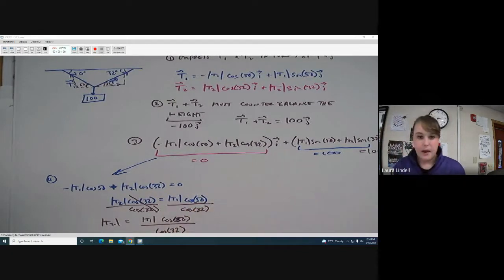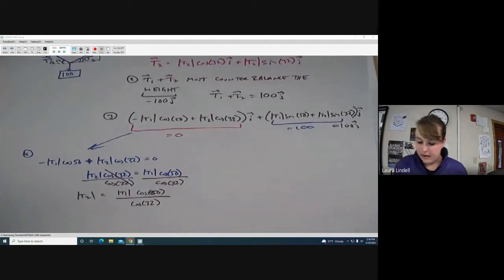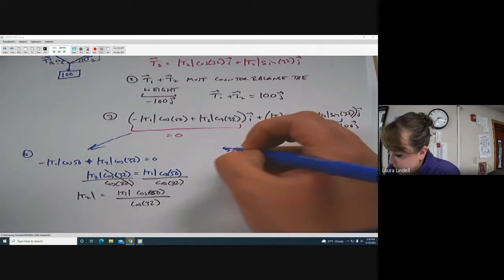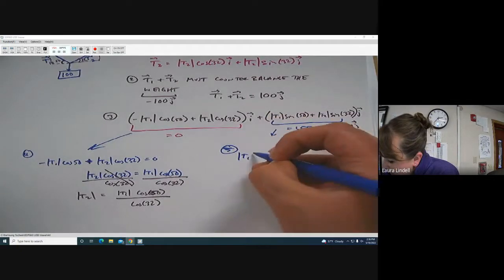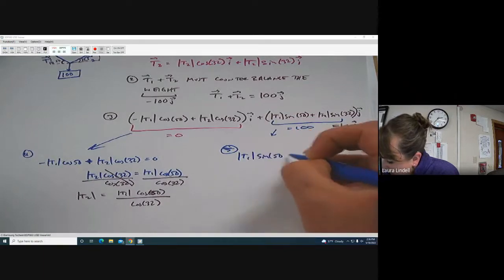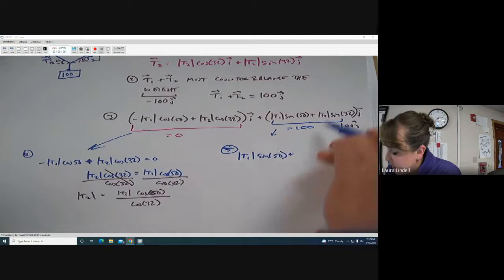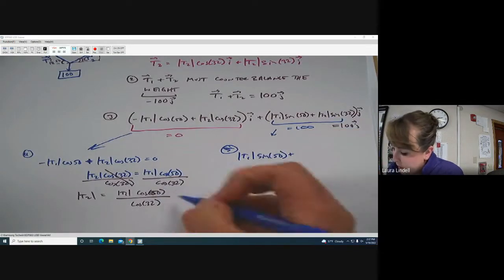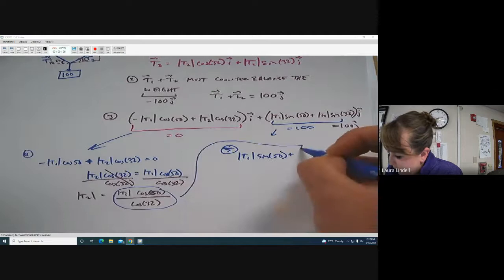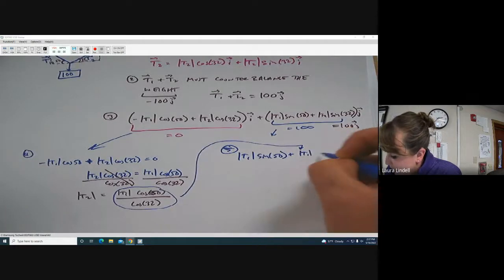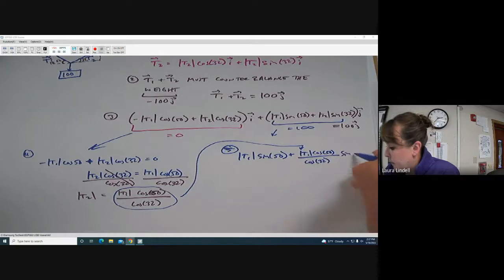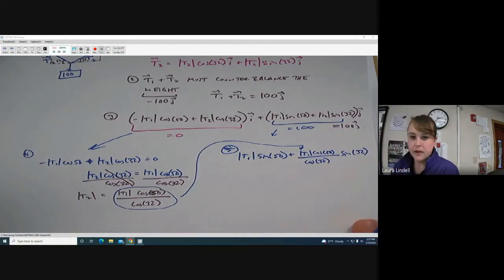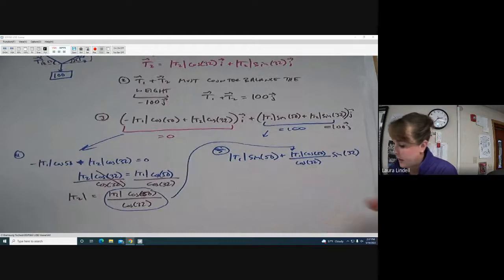So in my next equation over here, we're going to have T1 sine of 50 plus, and then instead of T2 sine of 32, I'm going to take this and plug it in. So we get T1 cosine of 50 over cosine of 32 sine of 32 equals 100.